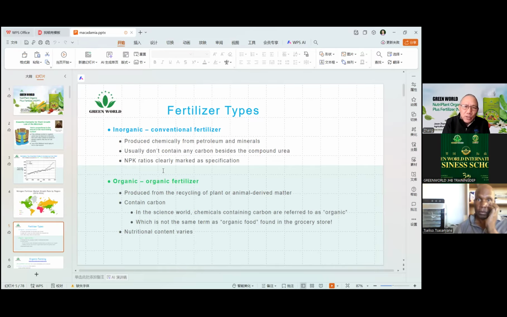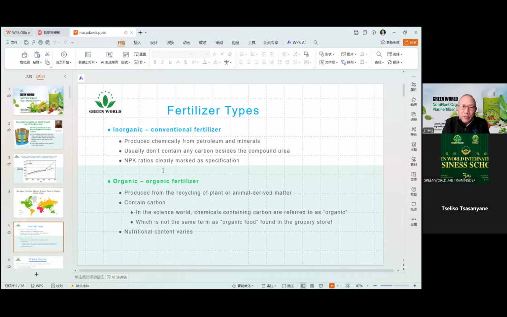This is called generic use. If you don't know how to use fertilizer, you buy that. If you know how to use fertilizer, then you buy different ratios.